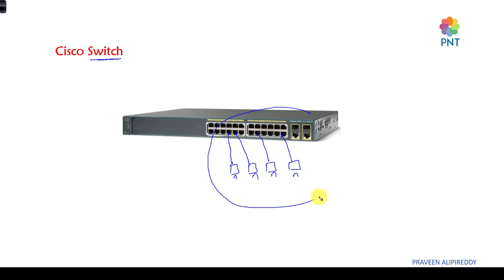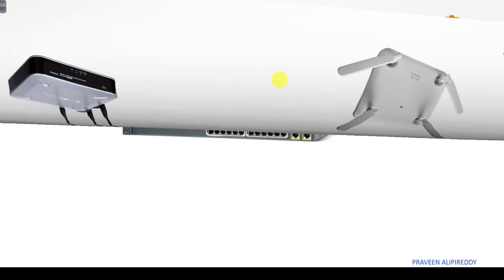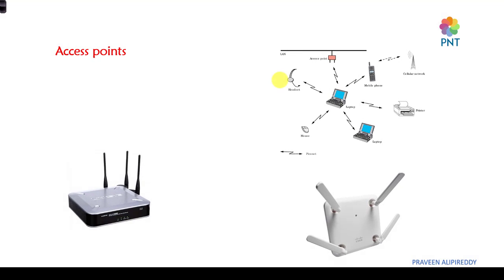So it is going to build a local area network. Without the switch, we cannot communicate with these multiple devices. That's why we call a switch a device which is going to provide you the centralized location.